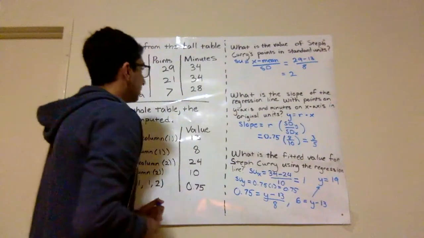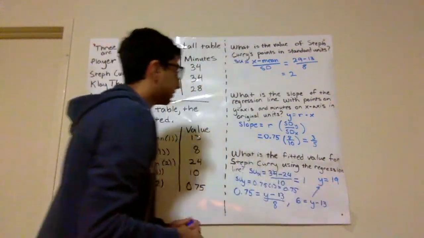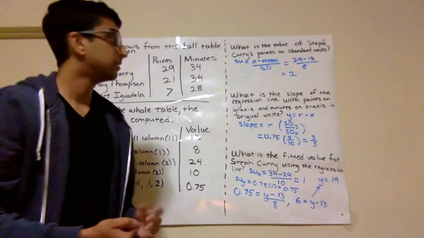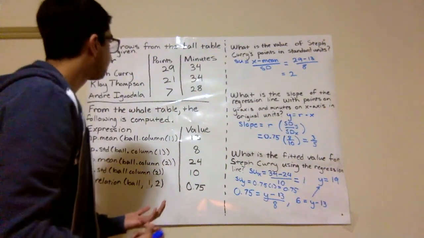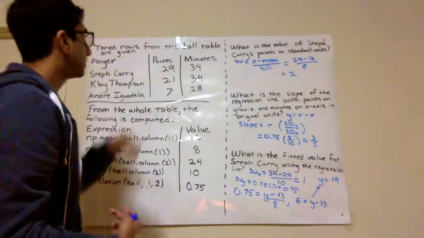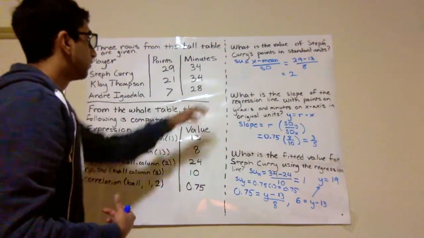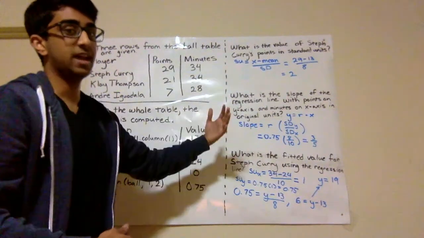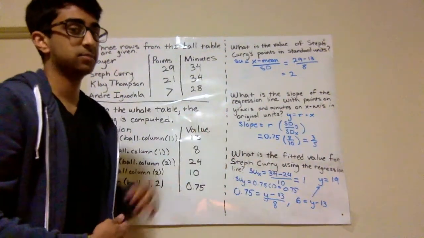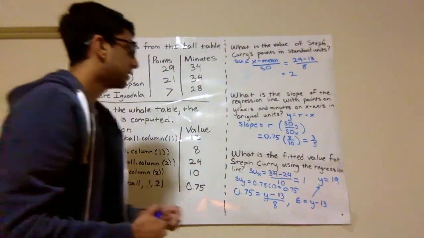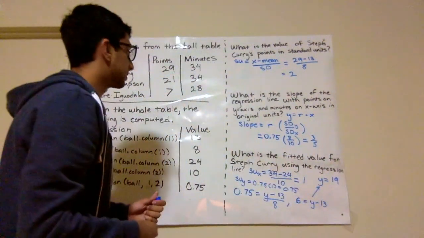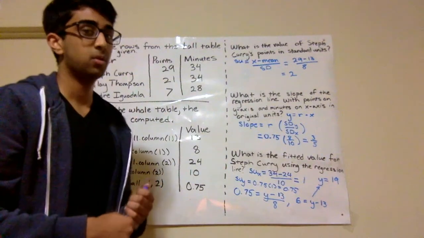So by just having a value of 19, this is basically comparing him to all of the other Warriors players. Even Klay Thompson is above this stat for minutes played, but he's also closer. So Steph Curry is just that much of an outlier in the amount of production he has per minute, and that's why this regression line seems to have this fitted value be so low in comparison to the points.